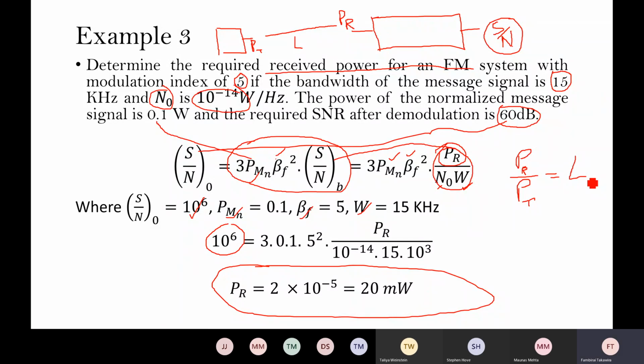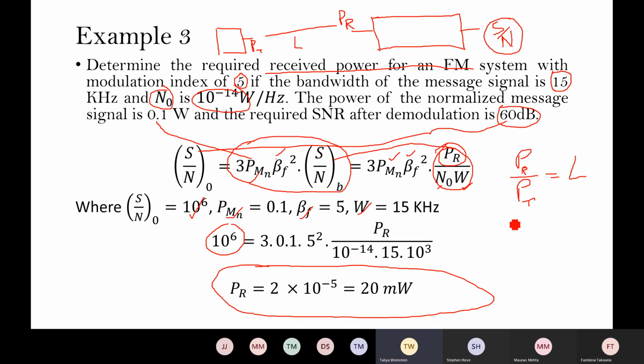So let's say, for instance, L was an attenuation of 20 dBs, then L is 10 to the minus 2. Because 20 dBs, when you convert it to an actual power ratio, is 10 to the minus 2. 30 dBs is 10 to the minus 3. 40 dBs is 10 to the minus 4, etc. So knowing your PR, and knowing your L, you'll be able to get your PT. Are there any questions?